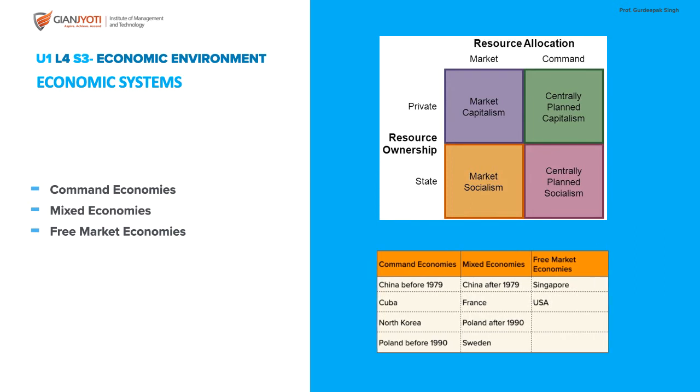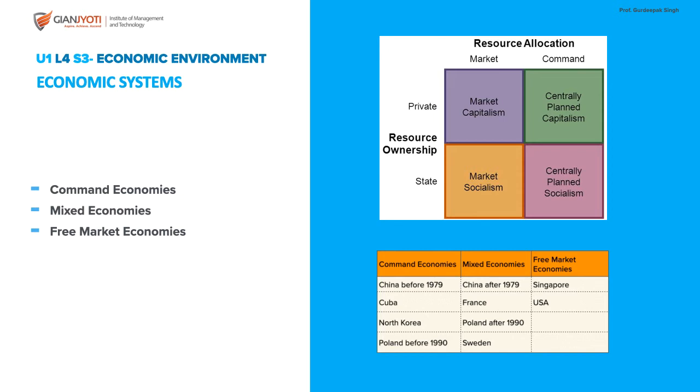So rather than going into the details of this chart, let us discuss the command economies, mixed economies, and free market economies. India is a mixed economy if we talk about India. Other examples for command economies: China before 1979, Cuba, North Korea.